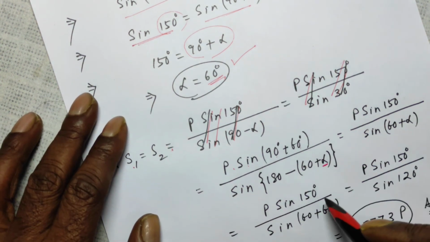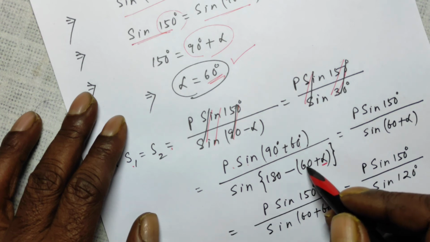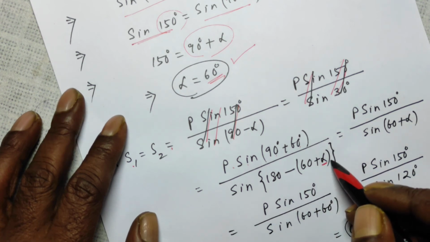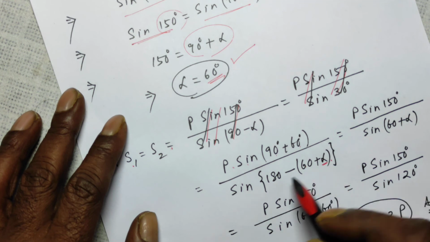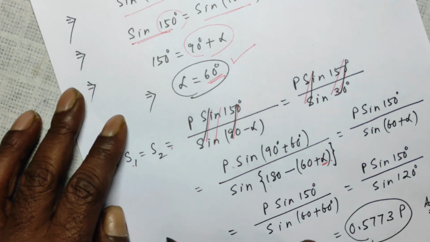So this is P sine 150 over sine of 60 plus 60, putting the value of alpha as 60.